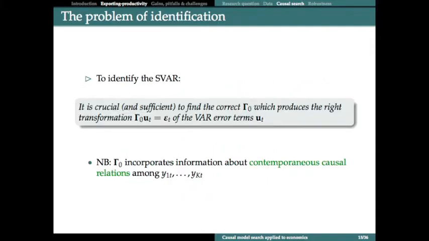So to identify the structural VAR, it is crucial and sufficient to find the correct gamma naught, which produces the right transformation of the estimated residuals. And gamma naught incorporates information about the contemporaneous causal relations among the variables.